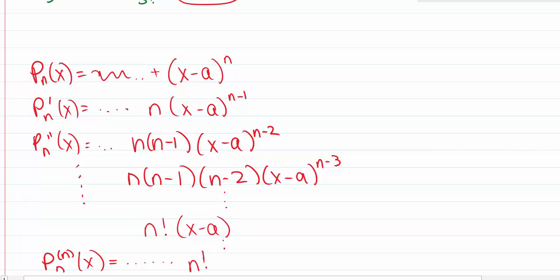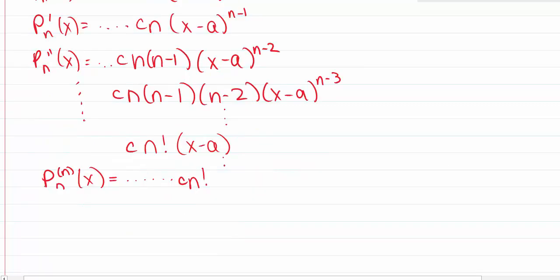Now the question we're trying to ask ourselves is, in our Taylor polynomial, what should the constant be in front of this term? So let's put the constant in here. And we can come down here to the bottom and we can solve for it. Our nth derivative of our P sub n polynomial, our nth order polynomial, is going to be just c times n factorial. All the other terms will have disappeared.